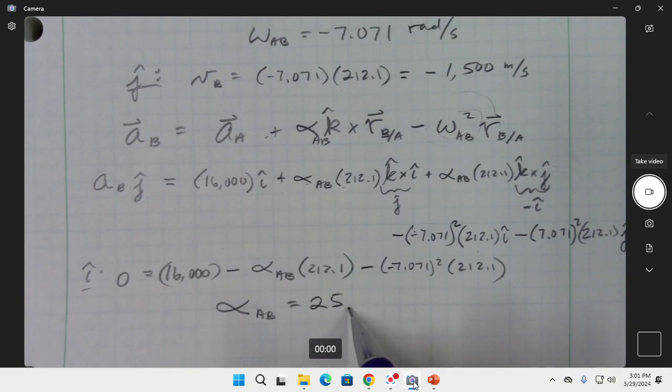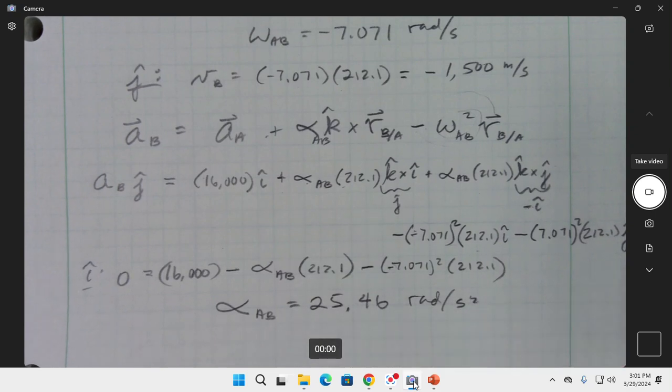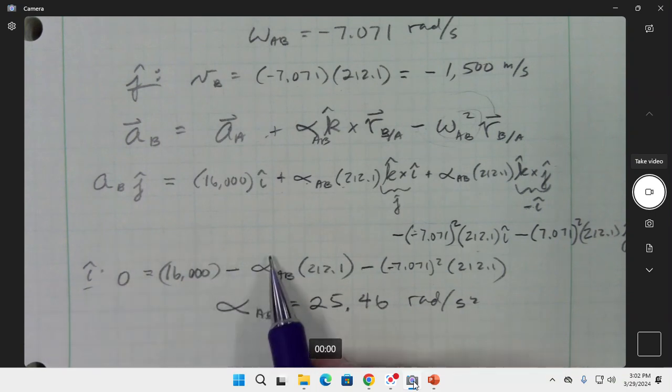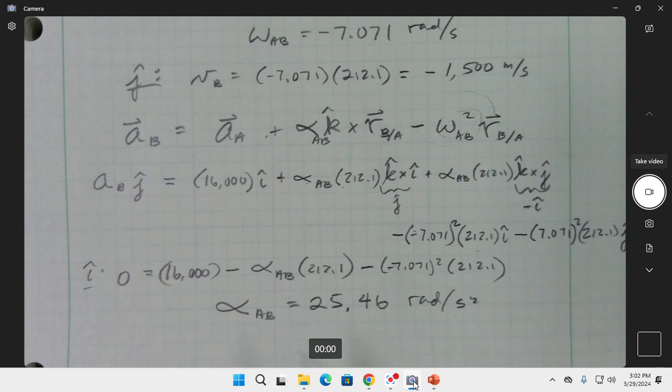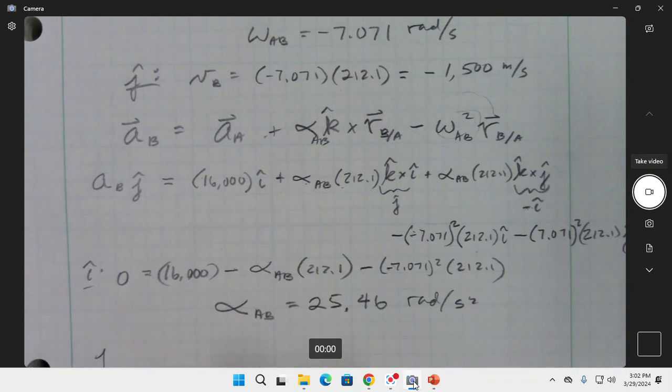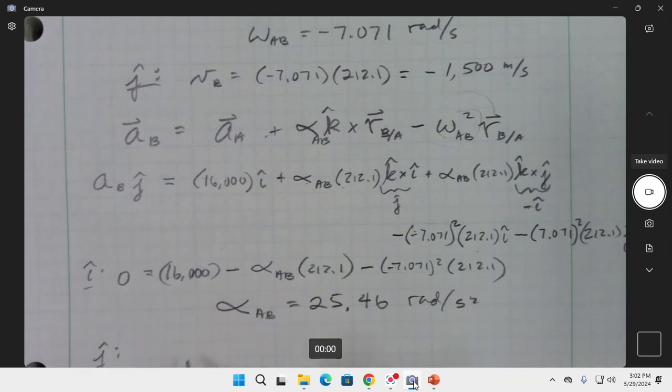Did it end up being negative? No. I think it's 25.46. Really? I think this one has to jump over to the other side, so it gets rid of that negative. This one was bigger than that one, right? So anyway, go back over to J.